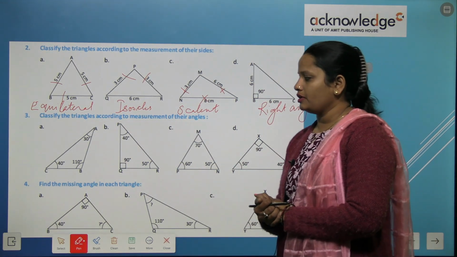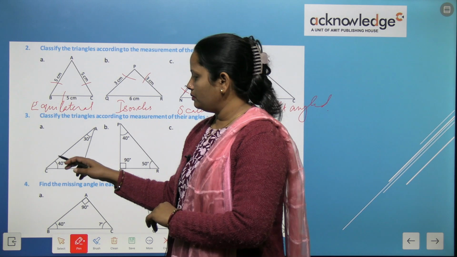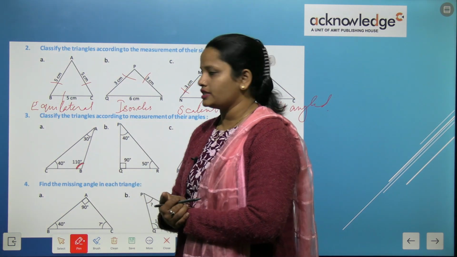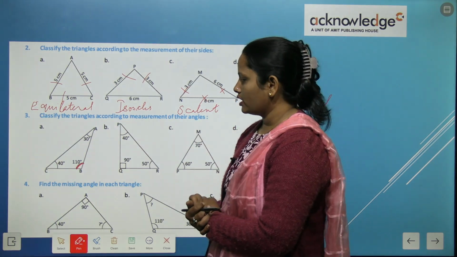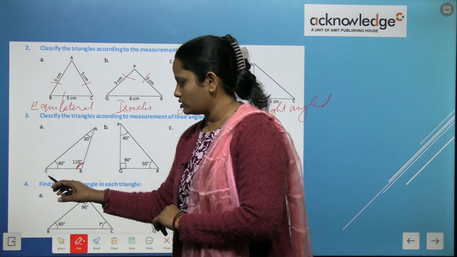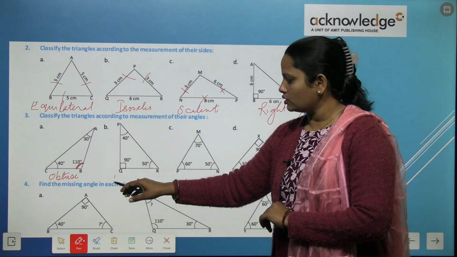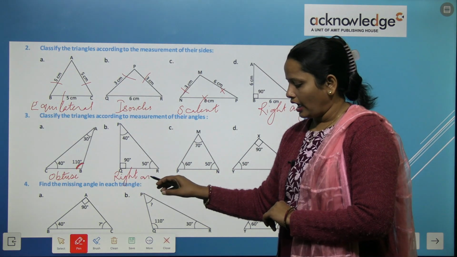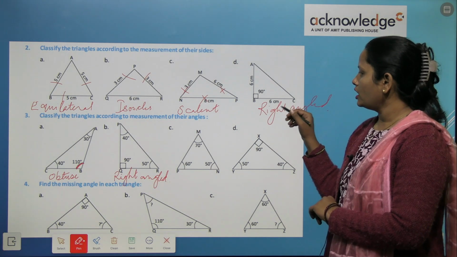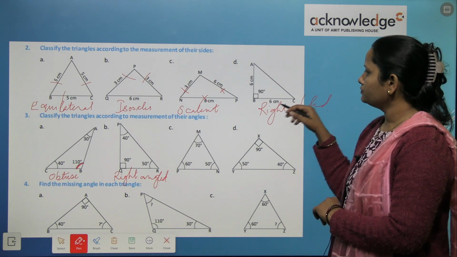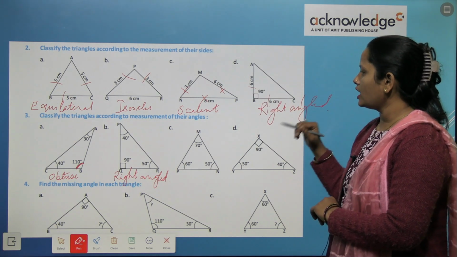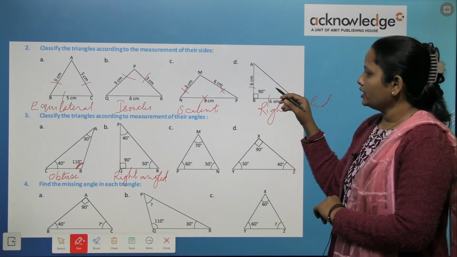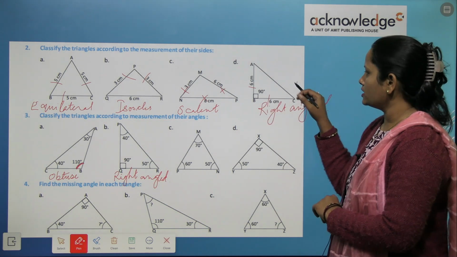Next is classify the triangles according to the measurement of their angles. तो एंगल के अकॉर्डिंग हमें इन्हें लिखना है. तो आप देखिए ये एंगल 90 डिग्री से ज्यादा है, तो इस एंगल को हम कहते हैं ऑब्ट्यूज. नेक्स्ट दिस इज 90 डिग्री, तो इट इज राइट एंगल. Children, this is also known as, here you can see two sides are equal in this one and it is called isosceles.